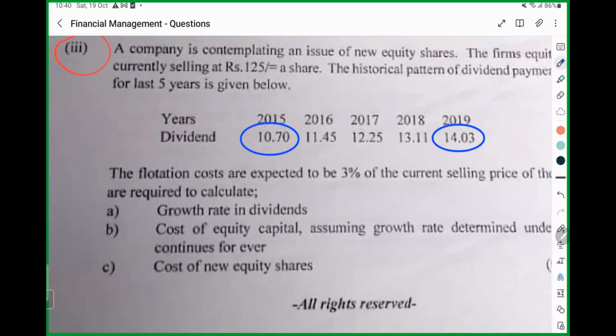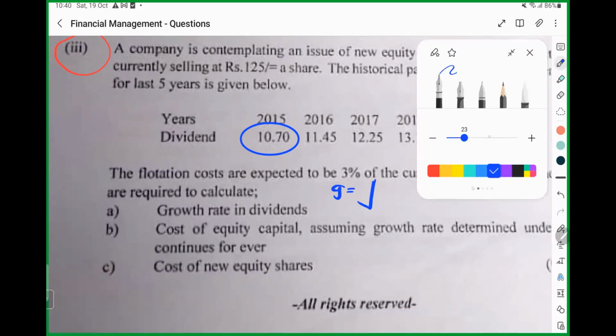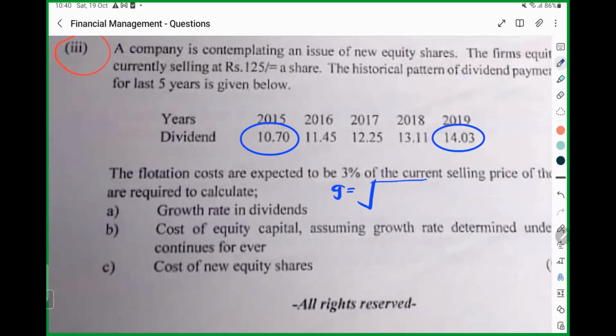So growth rate G equals the root of the latest dividend over the earliest dividend, and the number of years between them. 1, 2, 3, 4.